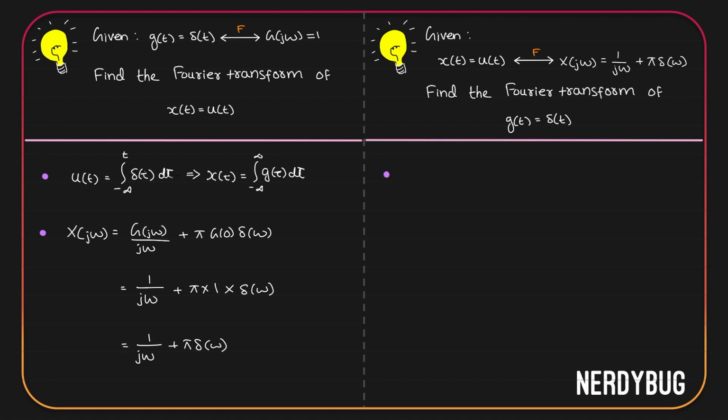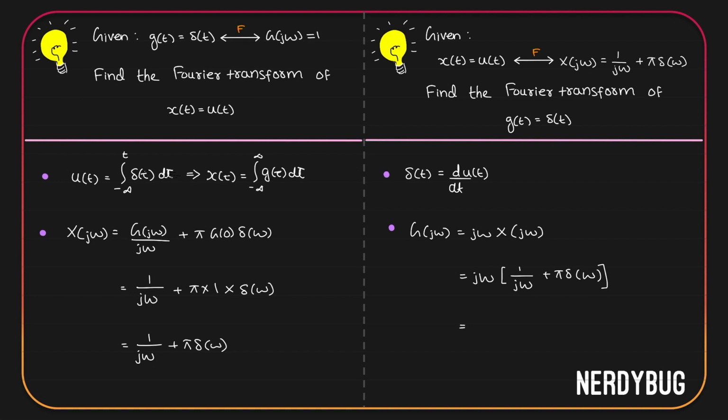Now here we can use the relation between delta of t and u of t. Delta of t is simply d by dt of u of t. Using that, we get g of j omega will be equal to j omega multiplied by x of j omega. That is j omega multiplied by 1 by j omega plus pi delta of omega.